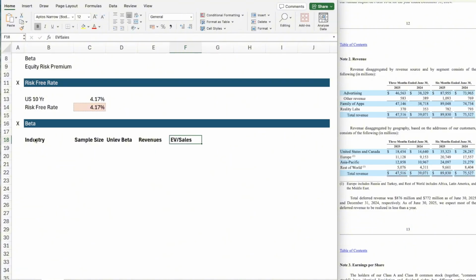Value, proportion, the weighted beta, and that's all we need. And we're going to say advertising, and let's go software, internet.